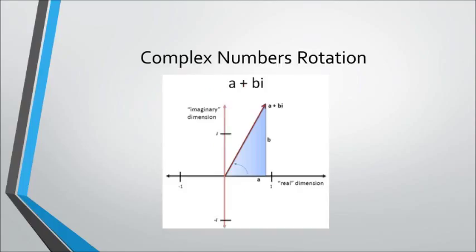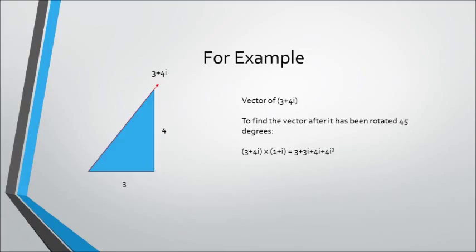We can use a complex number to identify a vector in a plane. Here the vector is a plus bi. Here we have a vector 3 plus 4i that we want to rotate anti-clockwise by 45 degrees. This is possible by using purely complex numbers rather than messy trigonometry.